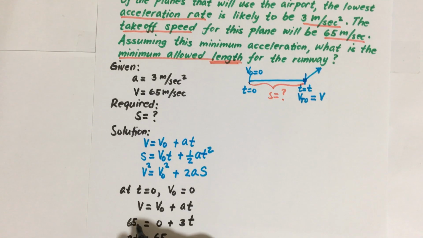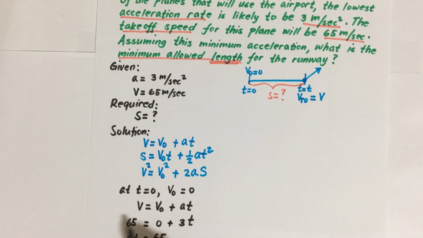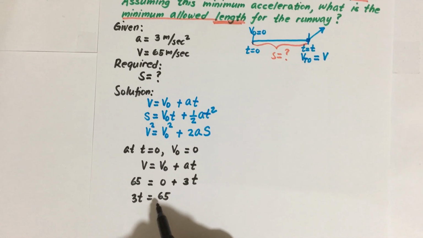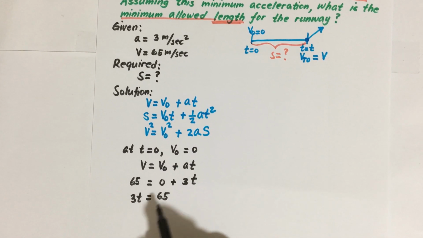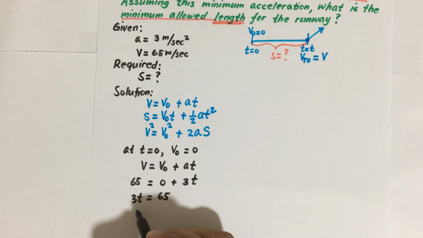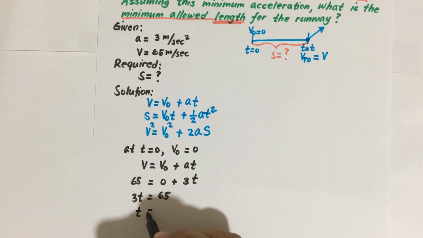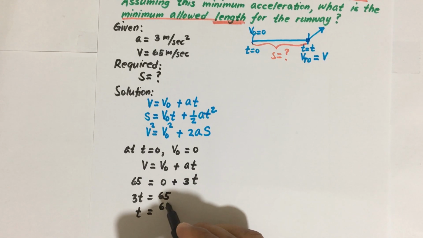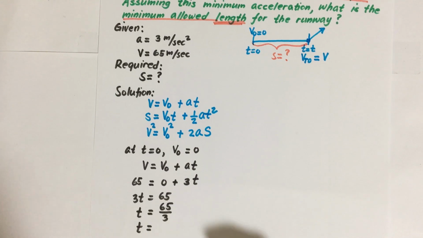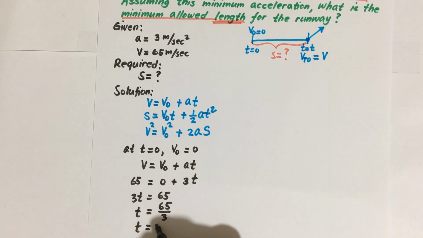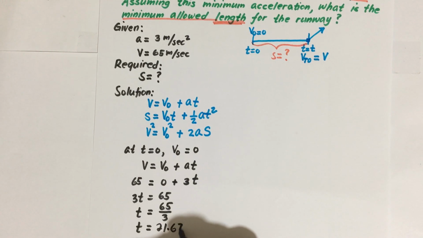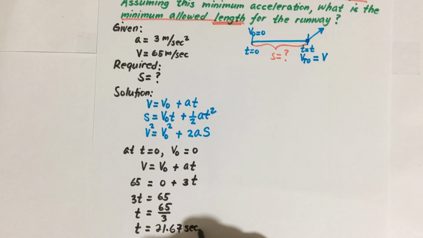Dividing both sides by 3, we get t equal to 65 divided by 3. And our t here is equal to 21.67 seconds.